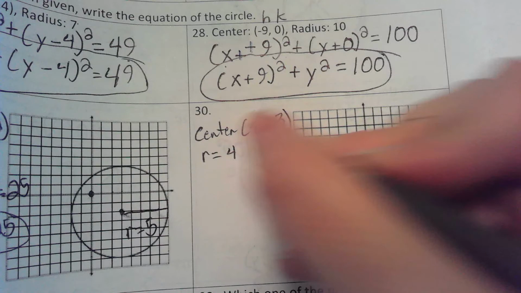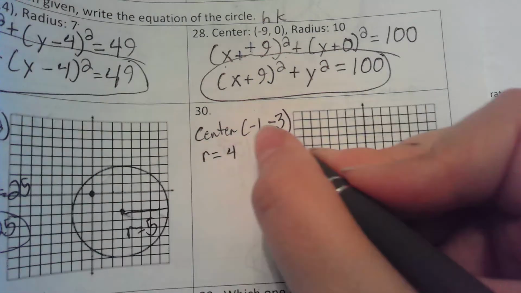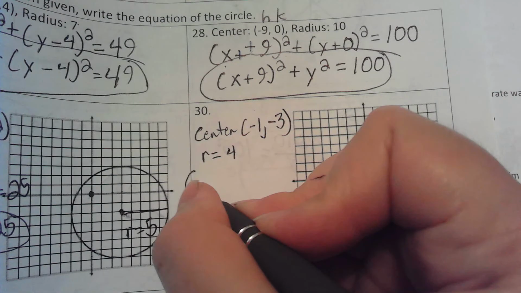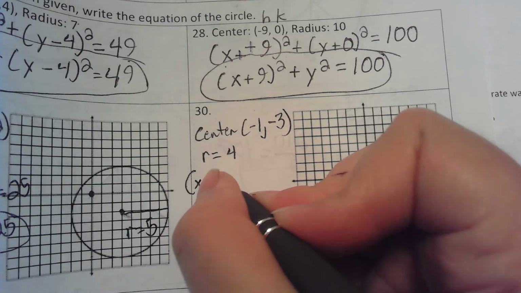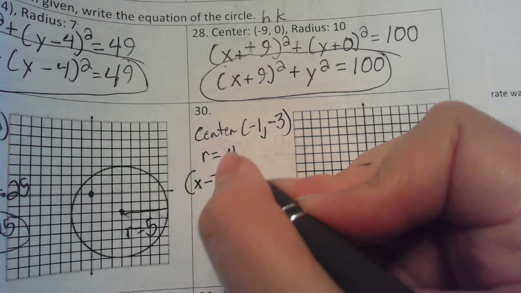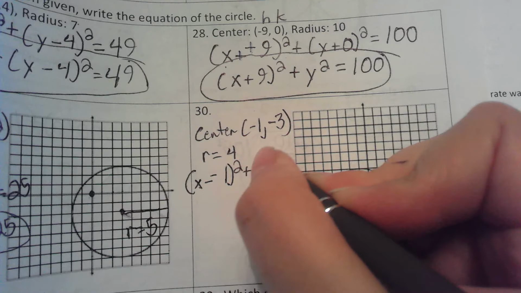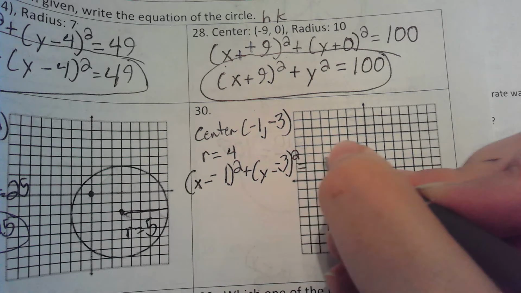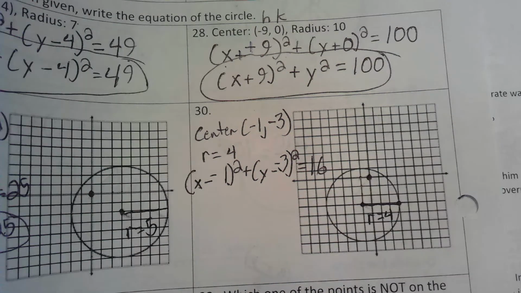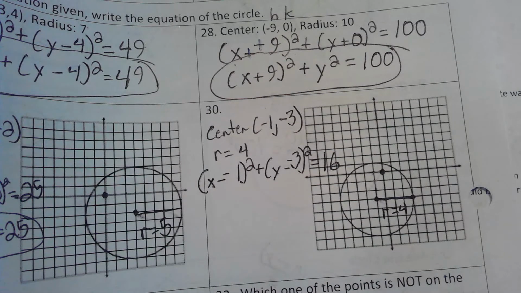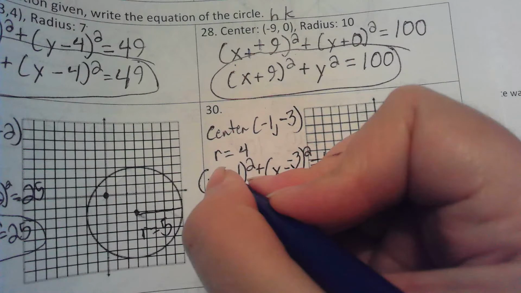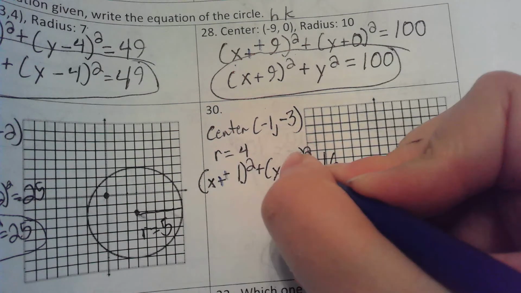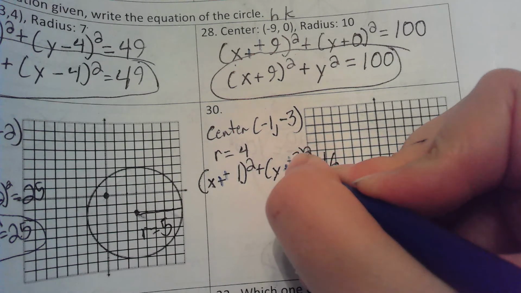Now we can write our equation of the circle. Both of these are negatives. So it's going to be x minus negative 1 squared plus y minus negative 3 squared equals 4 squared, which is 16. I'm still going to do keep, change, change on these.